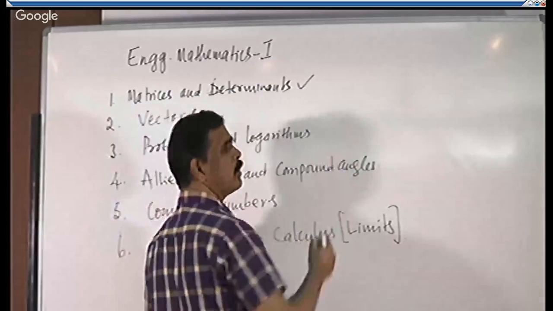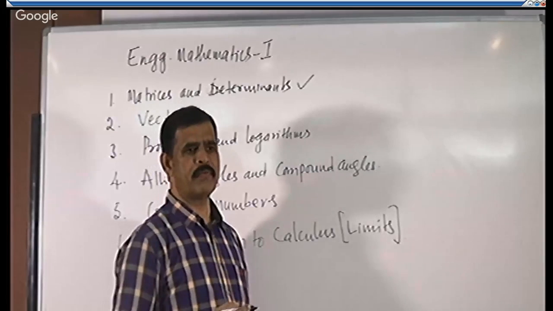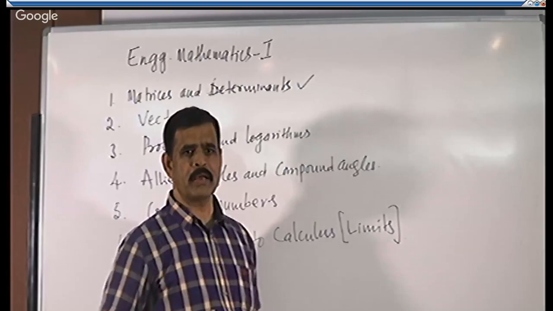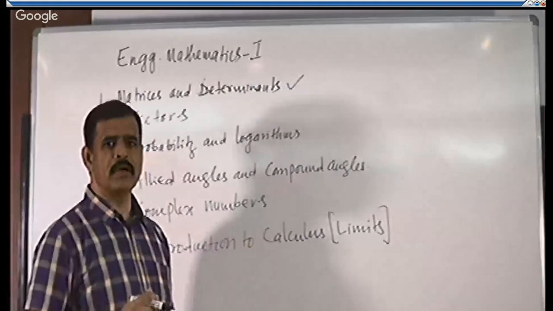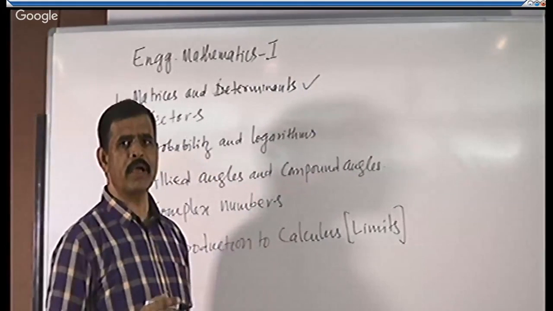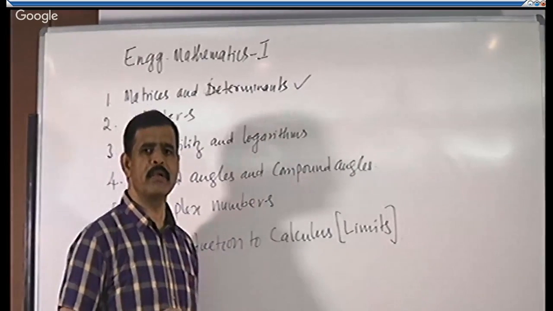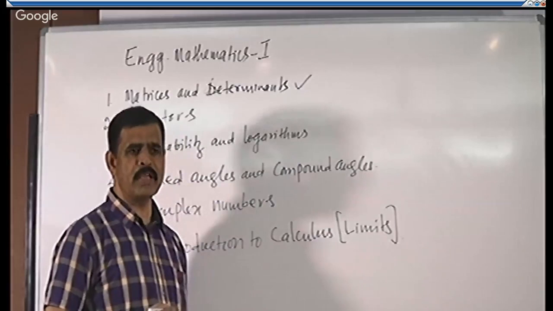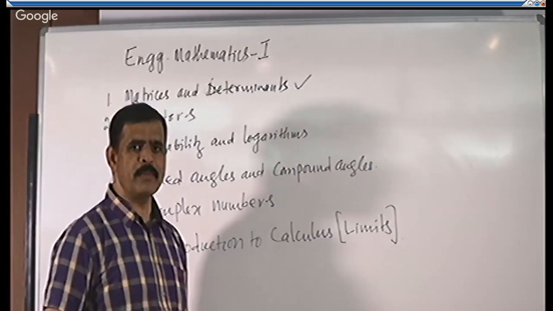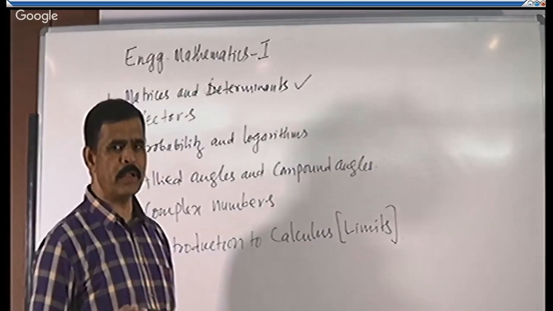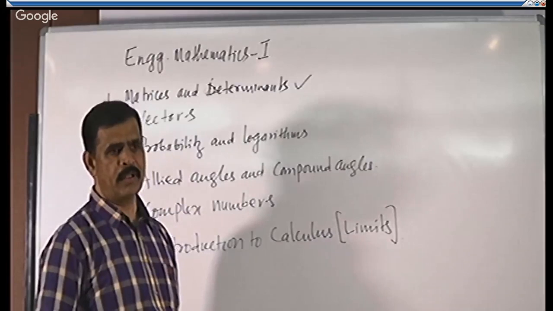So as we know that matrix will be used for making a complicated method into a simple one. There are many complicated methods in solving the mathematical problem or engineering problem. They can be made simple by using the concept of matrix.